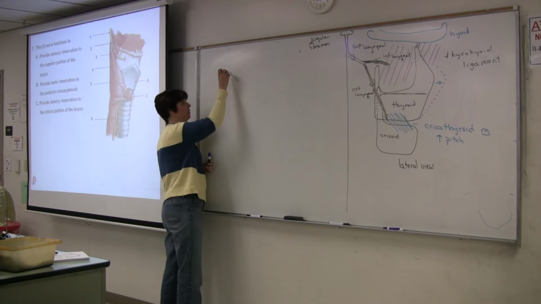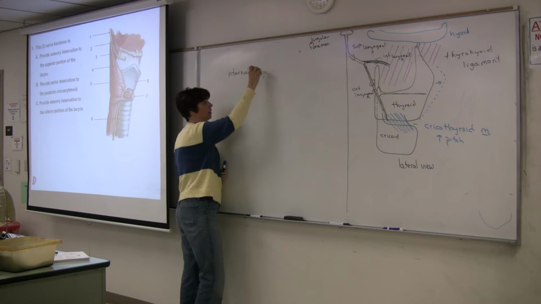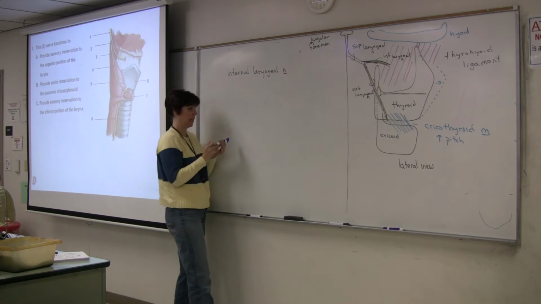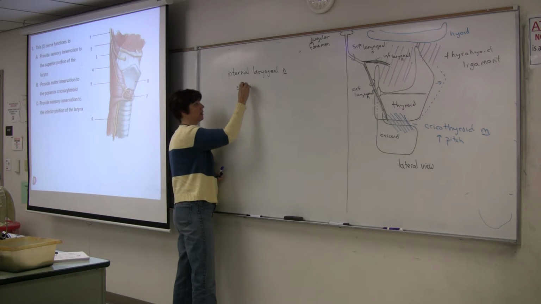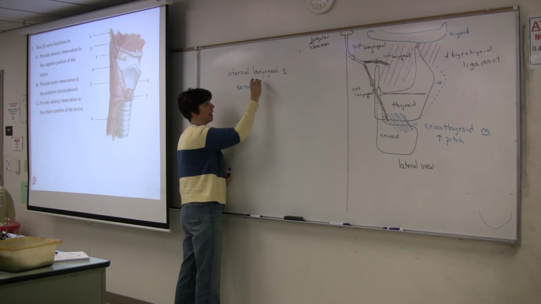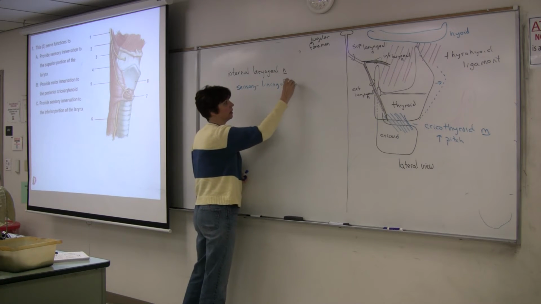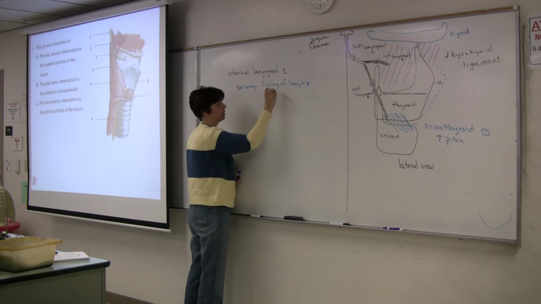So internal laryngeal nerve is sensory to the lining of the larynx, above the vocal ligaments.